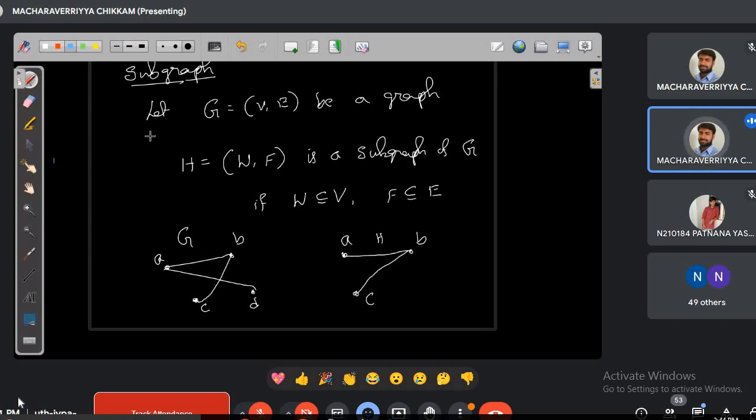Actually, G has 1, 2, 3 edges. Here I am taking only 2 edges. Anyway, I am not taking the vertex D, so I am not considering that edge. Right? So this is a subgraph of G.